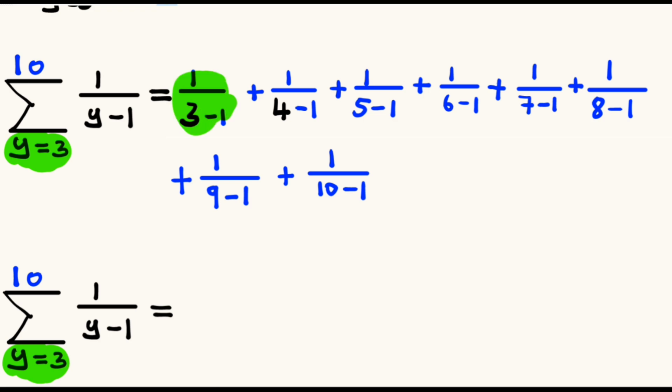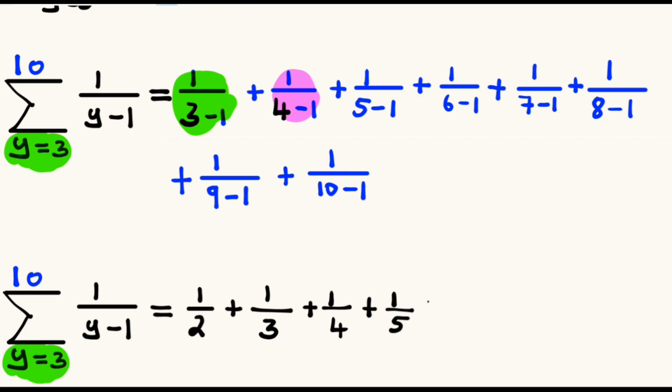So 1 divided by 3 minus 1. 3 minus 1 is equal to 2, plus 1 divided by 4 minus 1. 4 minus 1 is equal to 3, plus 1 divided by 5 minus 1, which is 4, plus 1 divided by 6 minus 1, which is 5, plus 1 divided by 7 minus 1, which is 6, plus 1 divided by 8 minus 1, which is 7, plus 1 divided by 9 minus 1, which is 8.